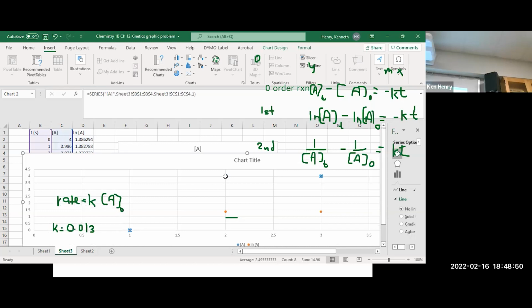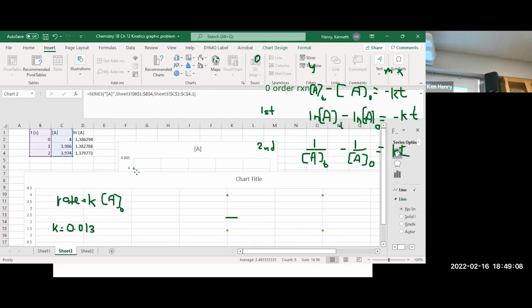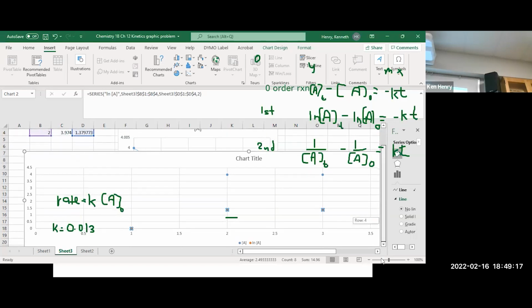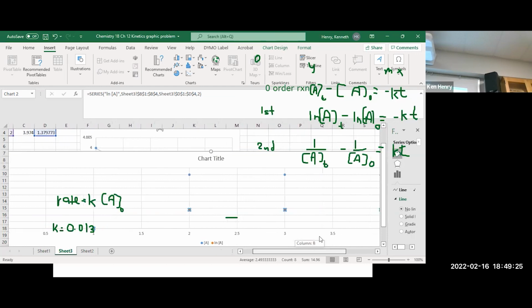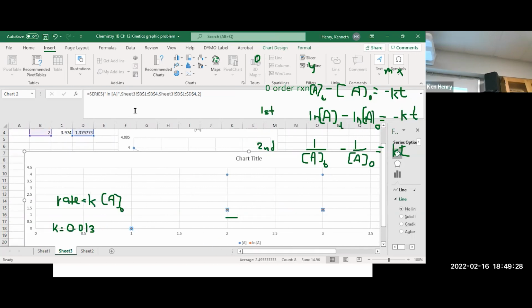Okay. Something is wrong. Y value is 1.3. There's something wrong with the data point. Give me 1 second while I try to figure this out.